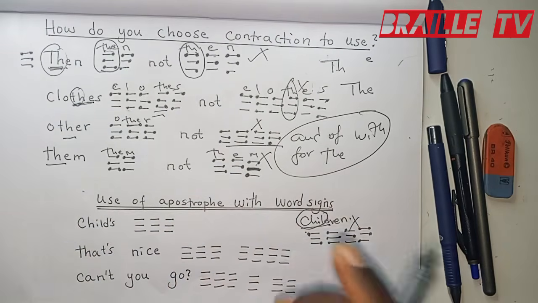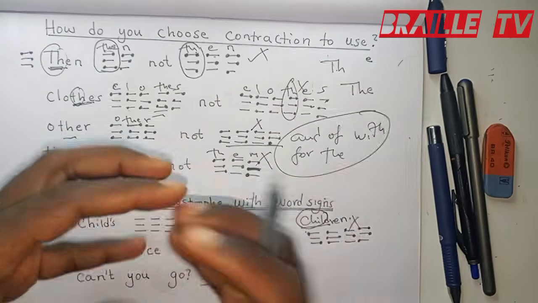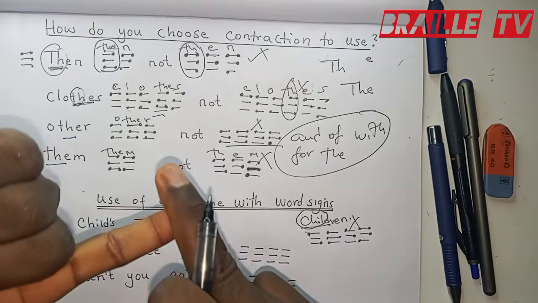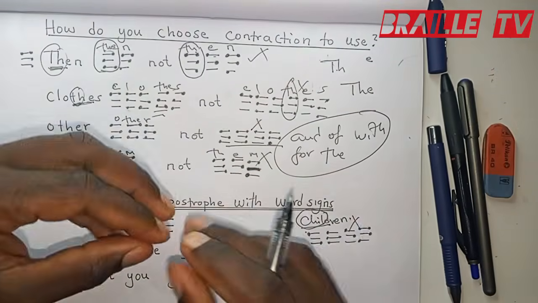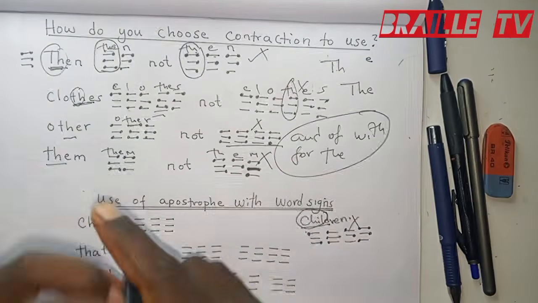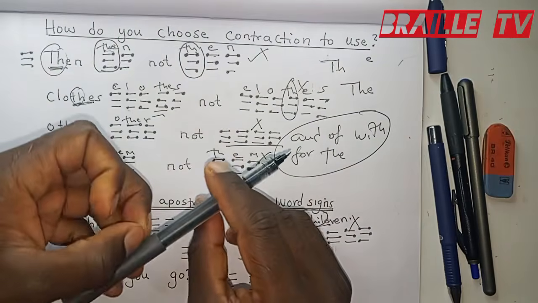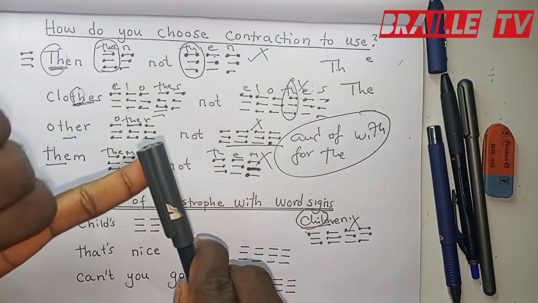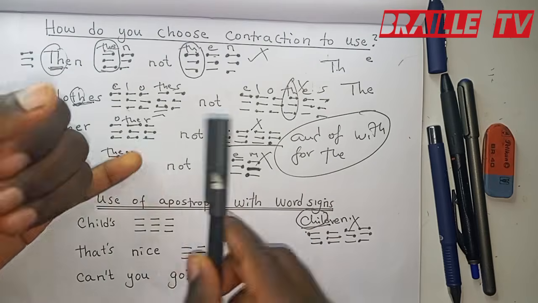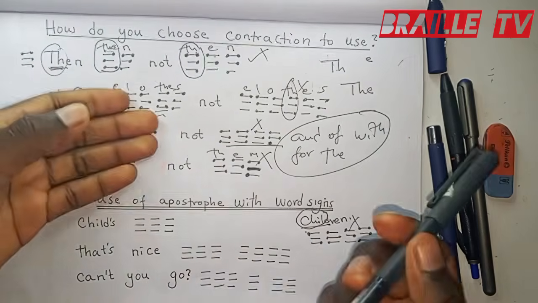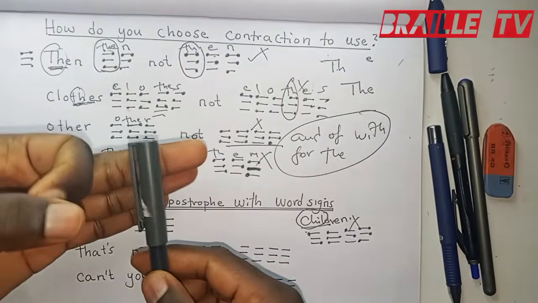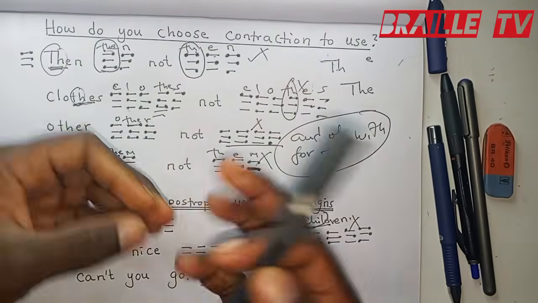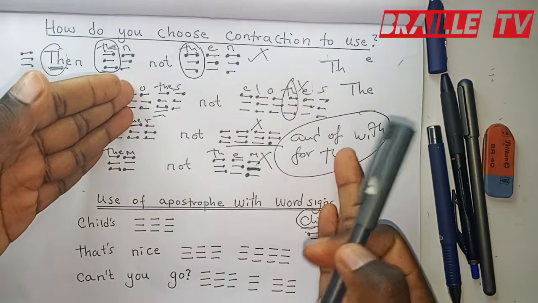But you can contract all word signs so long as they are in contact with punctuation or spaces, because a word sign or a letter is considered standalone when it is in contact with punctuation. And when you say punctuation, it's any type of punctuation, be it apostrophe, comma, full stop, dash, double dash, hyphen. All those are punctuation, even the apostrophe.